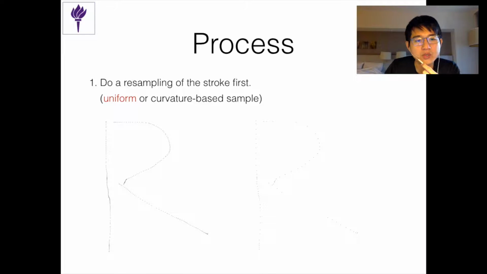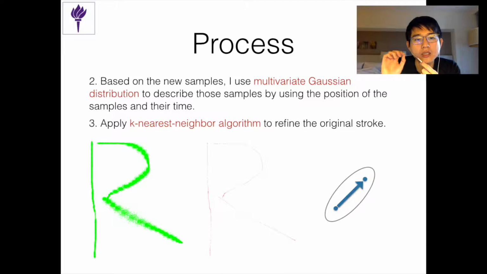After that I have several samples, and now I want to use these samples to create some distributions. The idea is very simple. Assume that I have two coordinates, then I can have a direction, right? You can see on the right hand side. Once I have this direction, I can construct my covariance matrix, and the mean is the location of the sample.